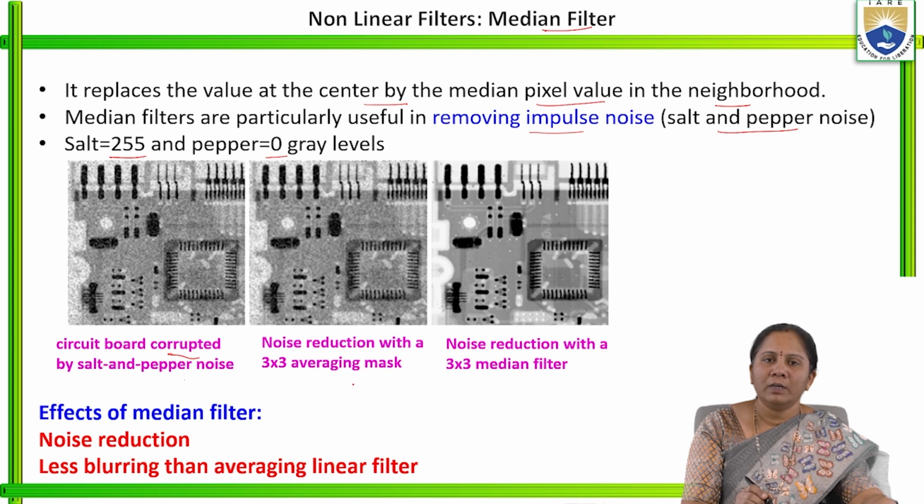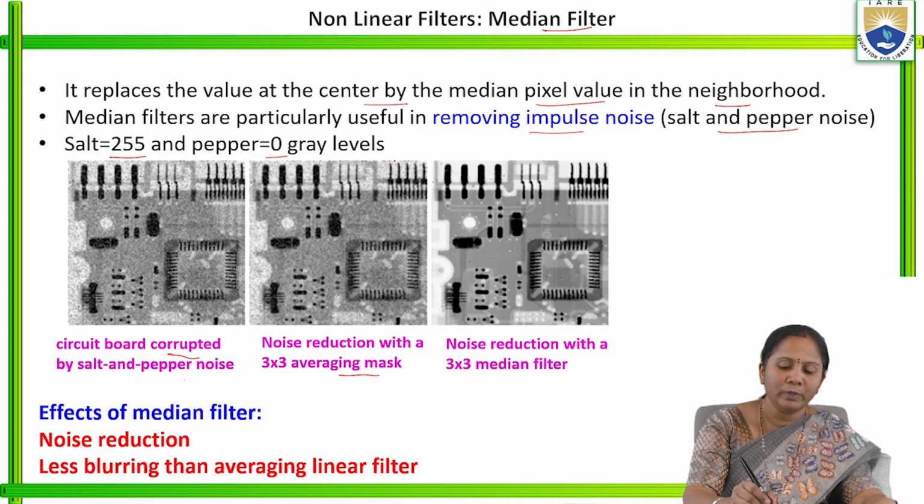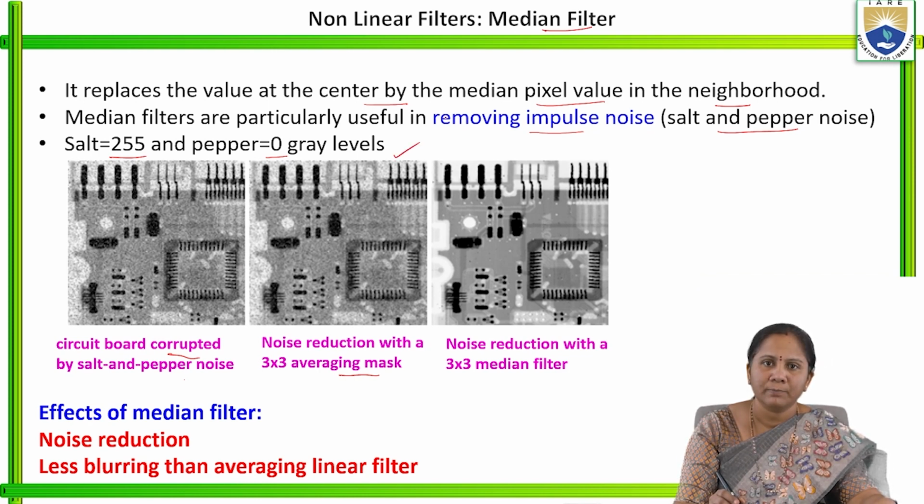Previously we have learned about the average filter when we were learning about linear filters. If you apply this averaging mask on this noisy image, the output image will look like this.